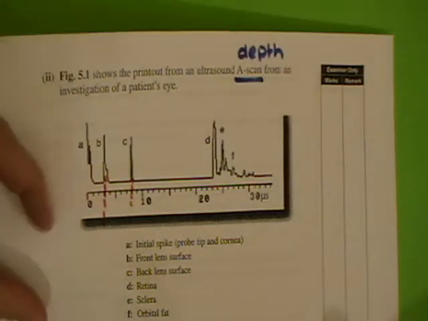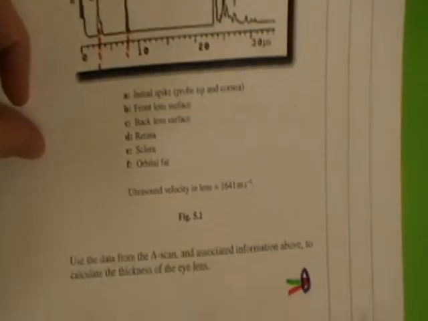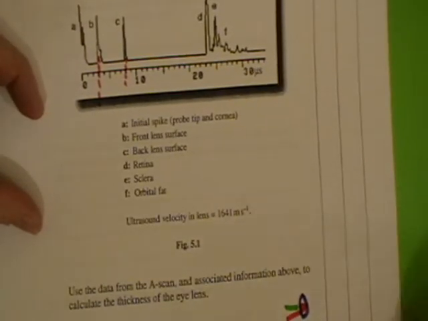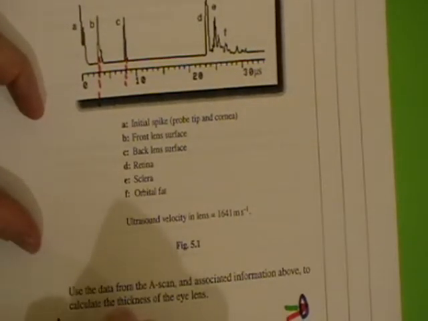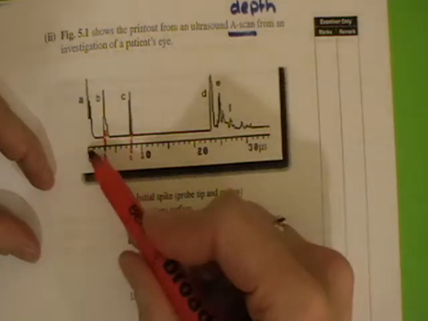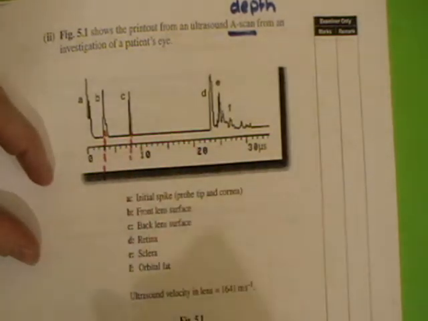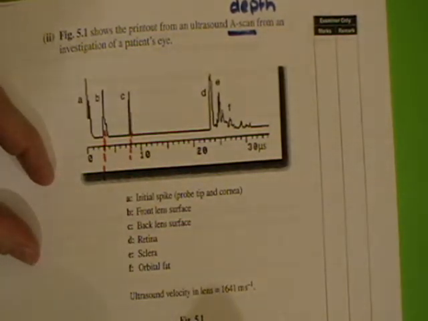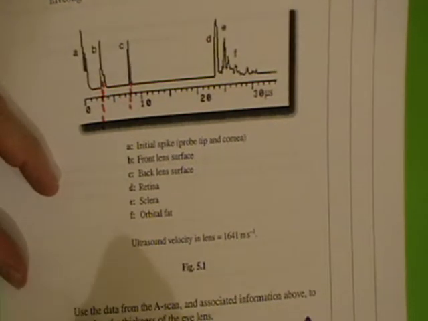This is like a typical echo question you would have done in GCSE. First of all, we'll work out the time for it to echo. The time for the echo is 8 microseconds, and it went in at 3 microseconds, so it's 8 minus 3, and that gives you 5 microseconds. And so that's the echo time. So the time to travel the thickness of the lens is 5/2.